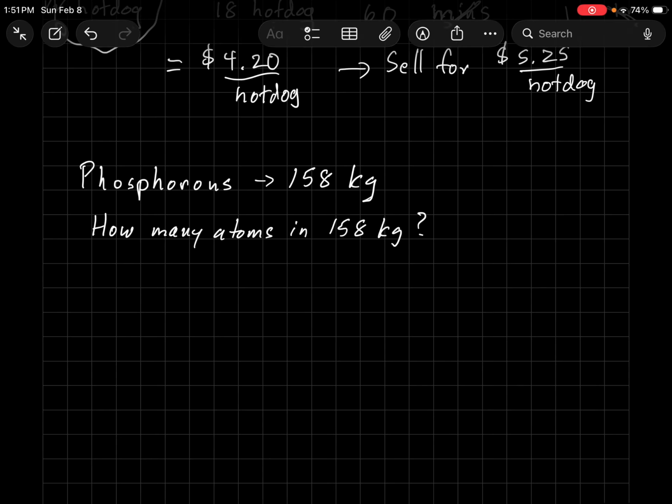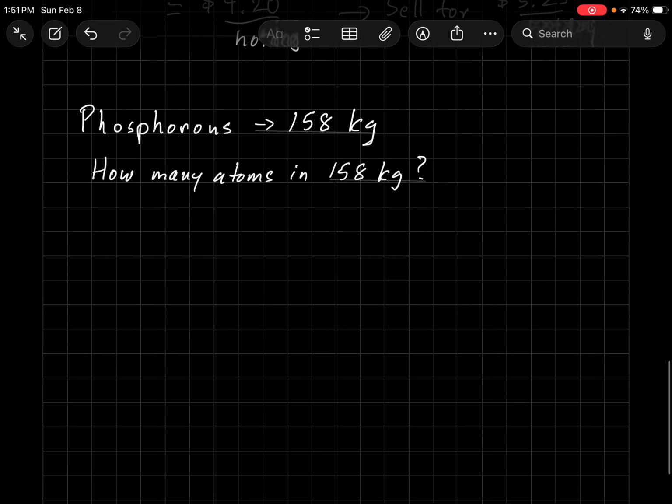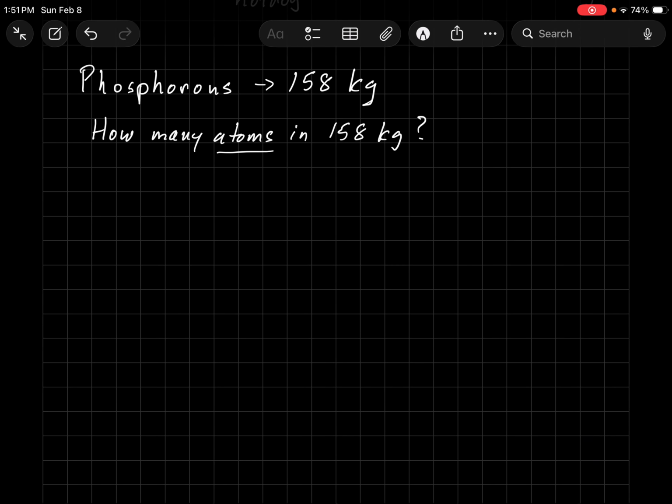All right. So I have kilograms, and I want to get atoms. But in chemistry, there's often a hidden quote-unquote step or thing that we need. Here there's two. First one's not that big a deal, but I need to go from kilograms to grams.